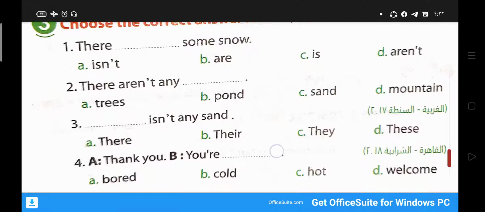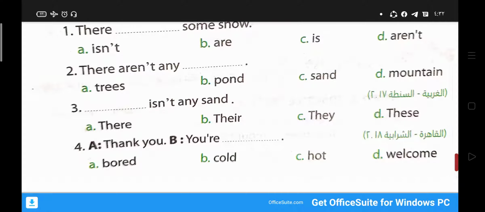Number 3, space isn't any sand. There, they, these. The answer is there, letter A, THERE. Number 4, thank you. You were bored, cold, hot, or welcome. The answer is welcome. Thank you, you're welcome.